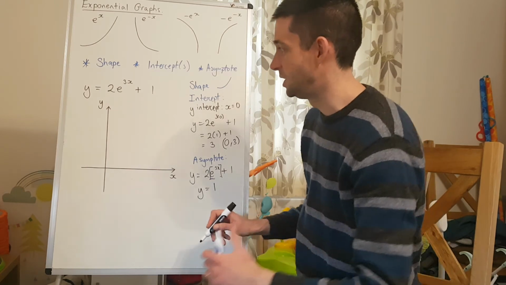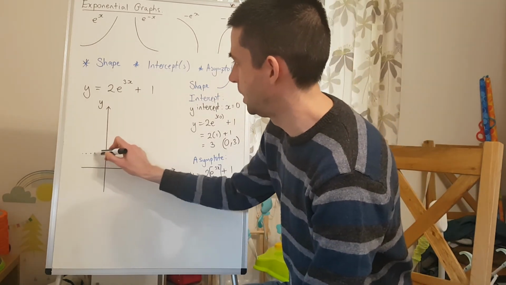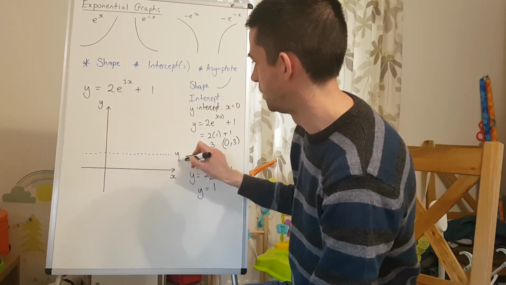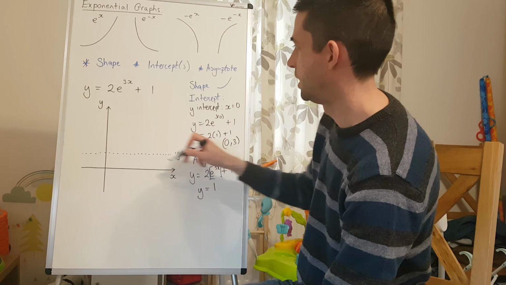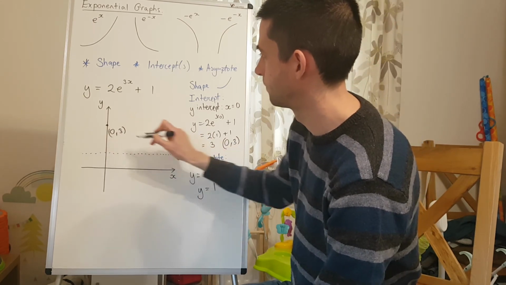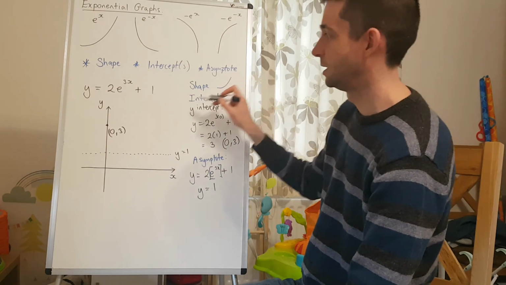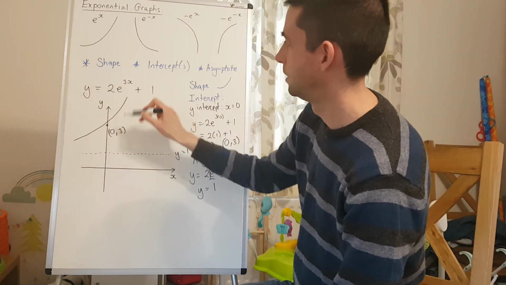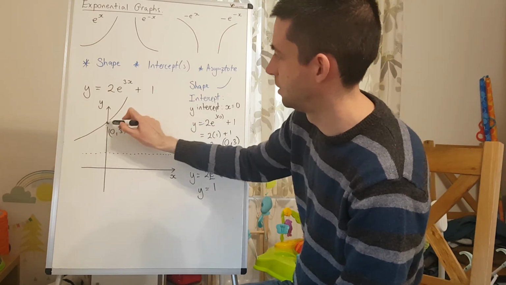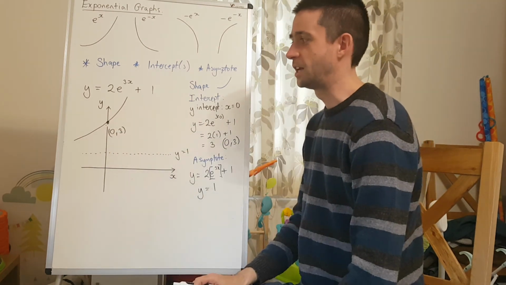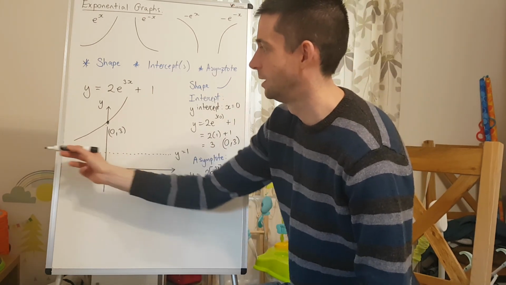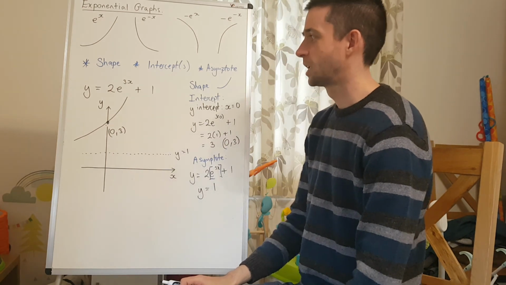So all that remains for me to do is to sketch in the asymptote at y equals 1, the y-intercept at 0, 3, and the shape I know is going to look like this. So I'm going to have an exponential curve that looks something like that, and that would continue down here, approaching this asymptote.